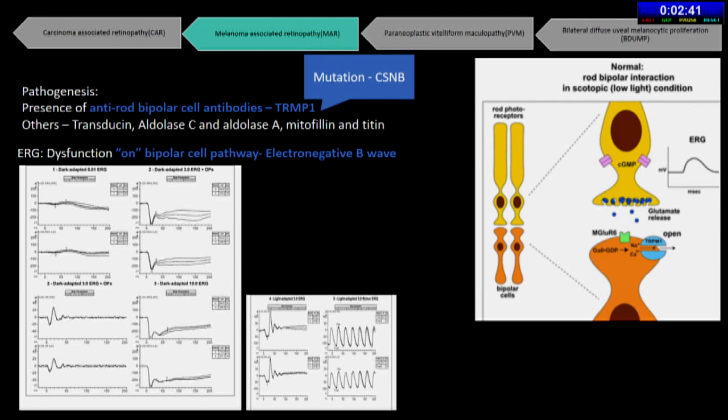So what do we expect in ERG? Bipolar cell dysfunction is going to cause an electronegative ERG, but in these cases, the night vision difficulty and the electronegativity of the ERG will be subacute in onset in an adult.